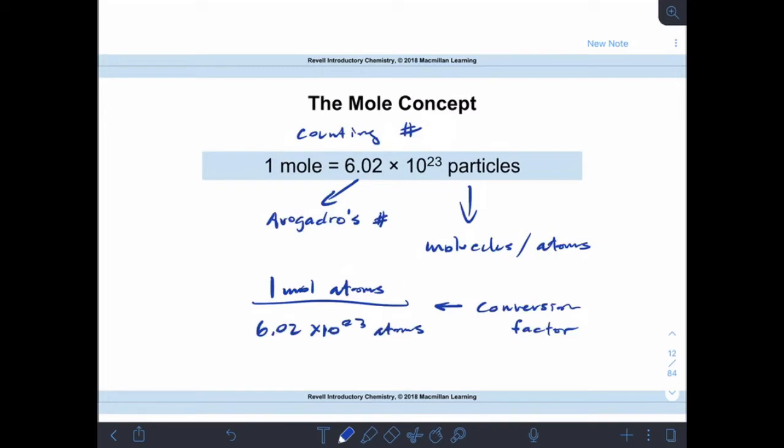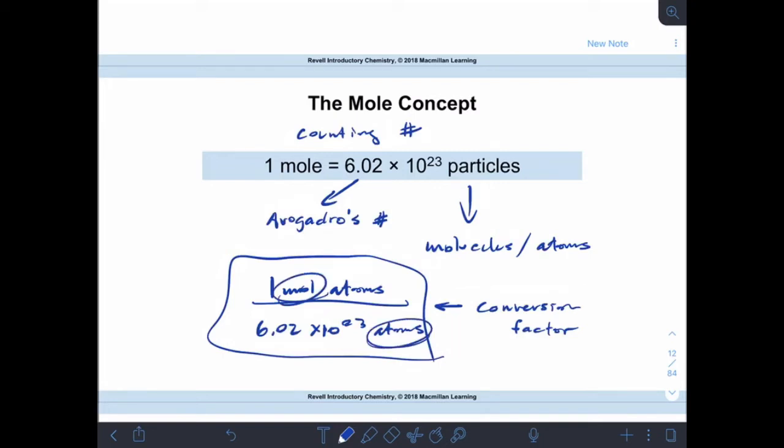Okay, named after the Italian mathematician Amedeo Avogadro. Right? So we're going to use this as a conversion factor whenever we have to go between number of atoms or molecules and moles. Okay, so the important parts about that are moles and particles. Okay, atoms or molecules.